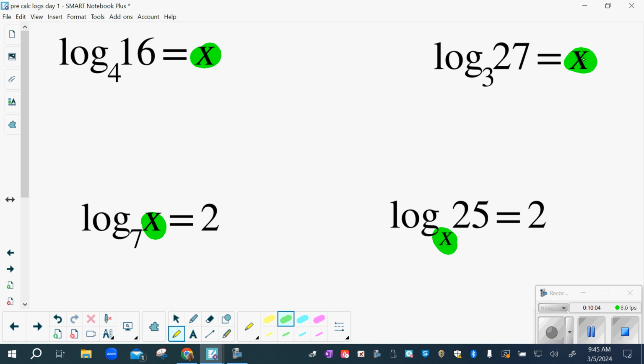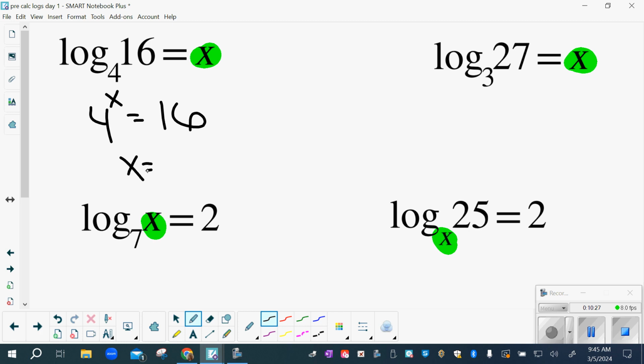And you're going to be able to say, well, that would be 2. But some of you are going to be like me and be much more comfortable writing it in exponential form. When I'm confused, I go back to what's familiar to me. 4 to the x equals 16. I know how to do that. I think to myself, 4 to the what will give me 16? Well, squared, so x is 2.